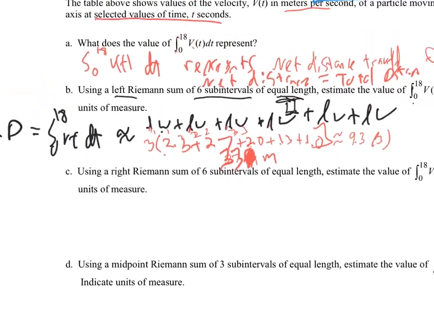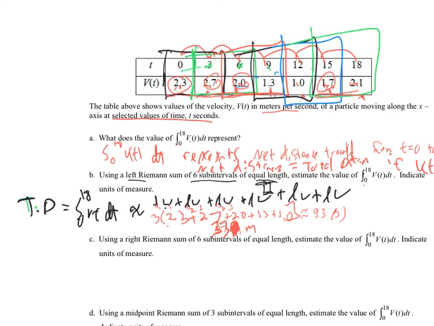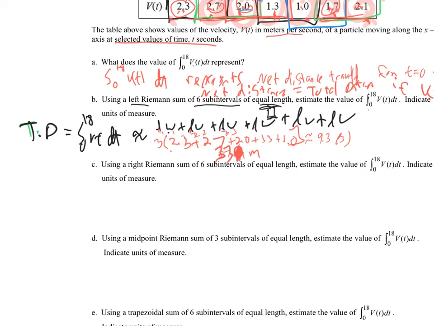Now use the right. Okay, so now the only difference is it's still a distance of 3, but now we're using the right side of each rectangle. So I'll be using that height, then that height, that height, that height, that height, and that height to be the right side of the last rectangle. So I'm not using the 2.3. So everything stays pretty much the same. My total distance is approximately the integral from 0 to 18 of v of t dt, which equals the 3 pulled out.